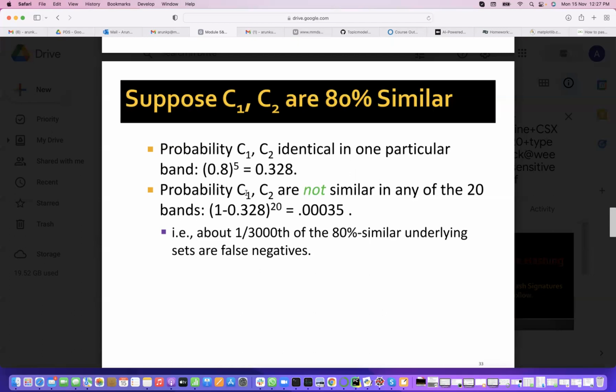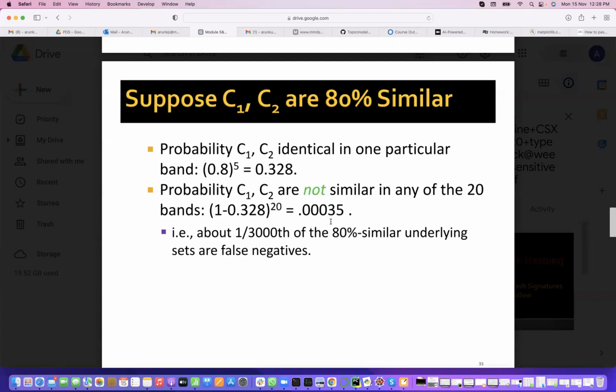Now, the probability that C1, C2 are not similar in any of the 20 bands. In one band, being similar is 0.328. What is the probability of not being similar in one band? 1 minus 0.328. And you are looking for them not being similar in any band. 20 bands you have, so you need to multiply this probability 20 times: 1 minus 0.328, 1 minus 0.328, and so on.